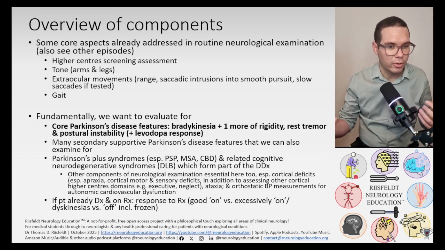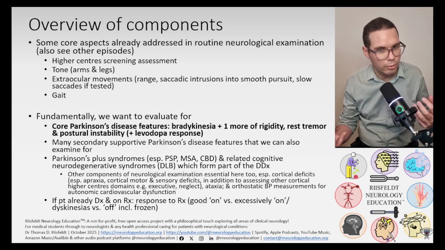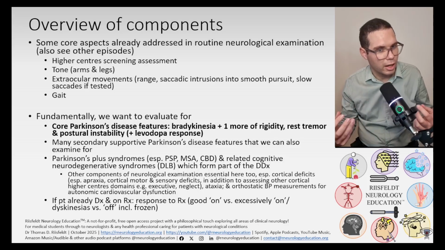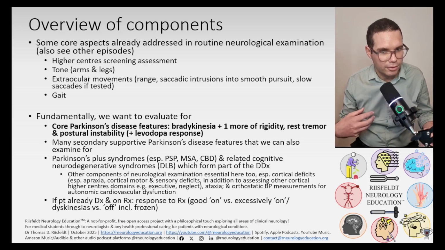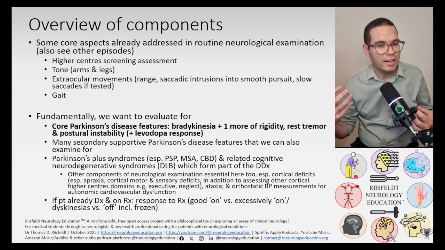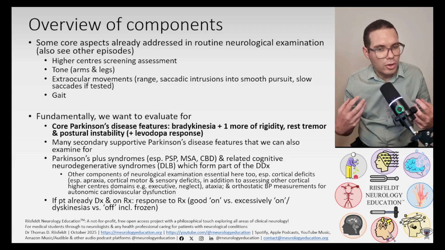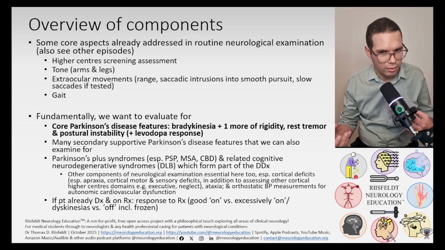So looking for cortical deficits, especially apraxia, cortical motor and cortical sensory deficits, in addition to assessing for other higher cortical domains, so executive dysfunction, neglect. Also looking for ataxia, which we've discussed in previous episodes, and also looking at orthostatic blood pressure measurements as a measure of autonomic cardiovascular dysfunction.